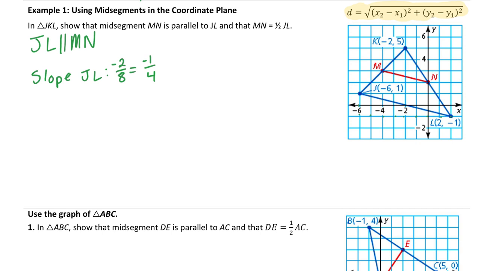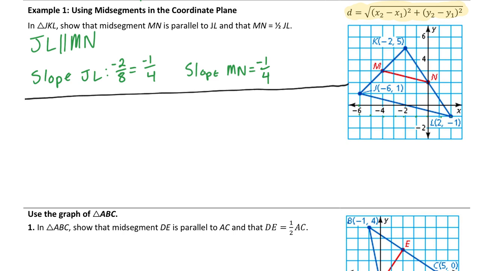To prove that MN has the same slope, I simply just count the slope of MN, which has me go down 1, right 4, which should make sense. That should kind of confirm what we already know, that they should be parallel because they have the same slope. I think that's the easy part.